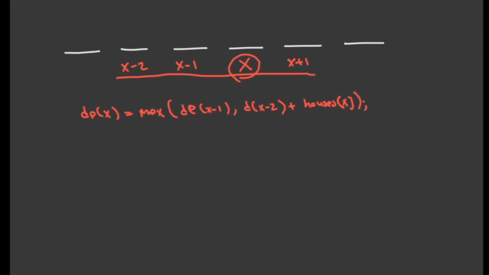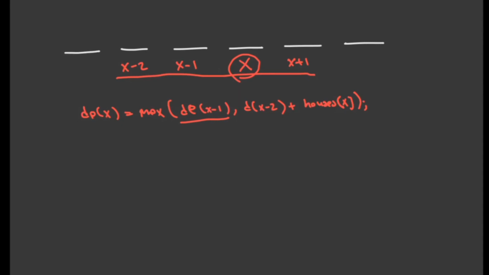By comparing these two options, we can select the best choice. If we opt to maximize the profit of two houses before, we can rob the current house. However, if we already robbed the previous house, we cannot rob the current one because we cannot rob adjacent houses. So, this equation allows us to calculate the maximum profit iteratively as we progress through the array of houses.